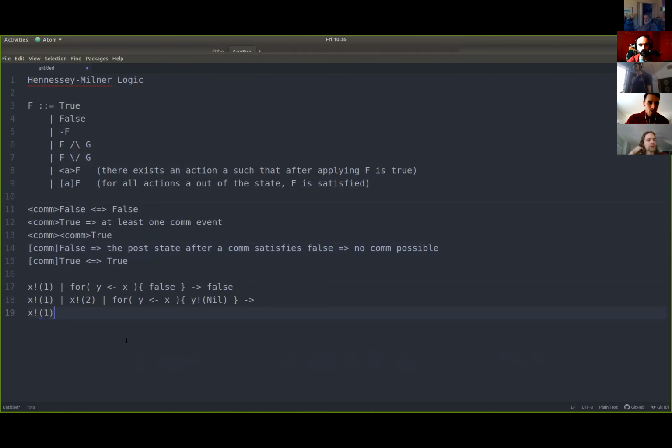If you were to negate something like diamond A and some formula, it turns out that this is logically equivalent to taking the box of A and negating the formula. I believe that's right. And also the same way around, and we can talk about why those would be true. Diamond A, not F. Okay.